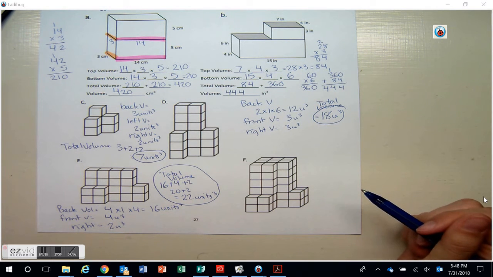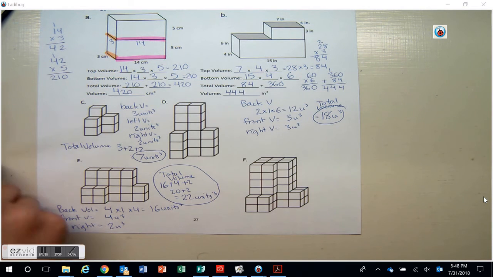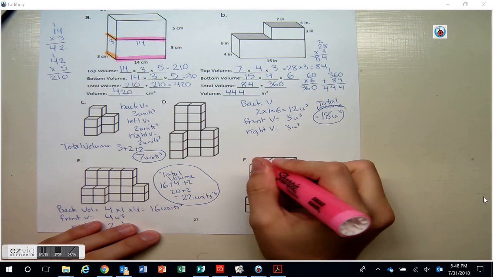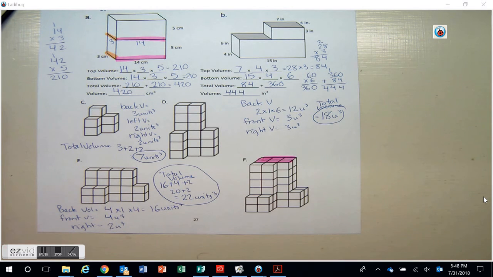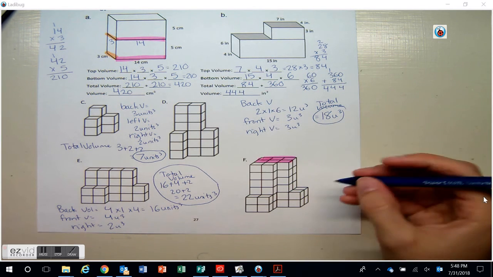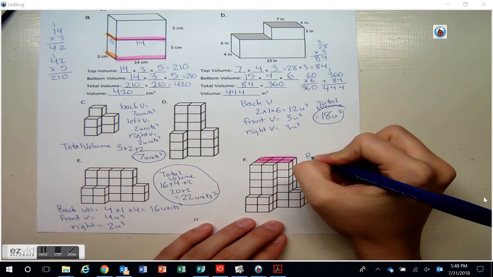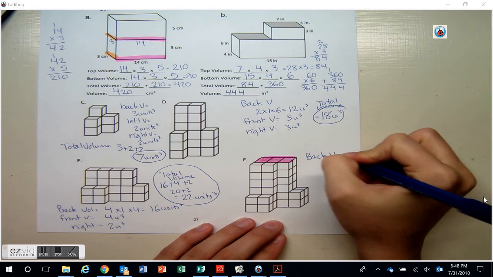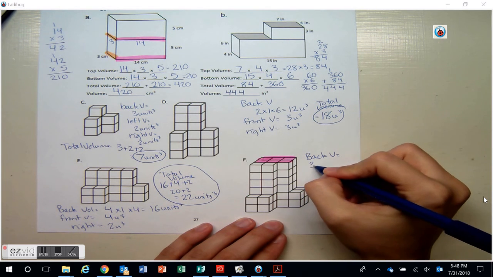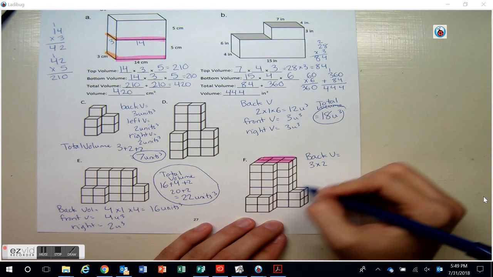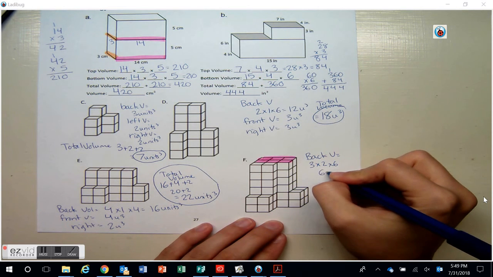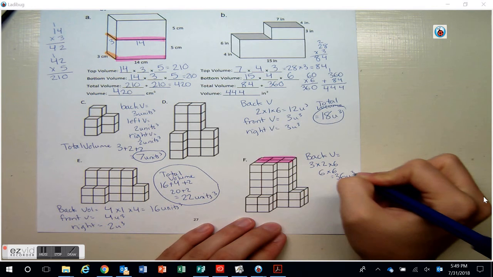So I'm going to break it up so that these are all going to be in one figure. So I'm going to call that the back volume. And we have 3 by 2 by 1, 2, 3, 4, 5, 6. So that's 6 by 6, which is 36 units cubed.